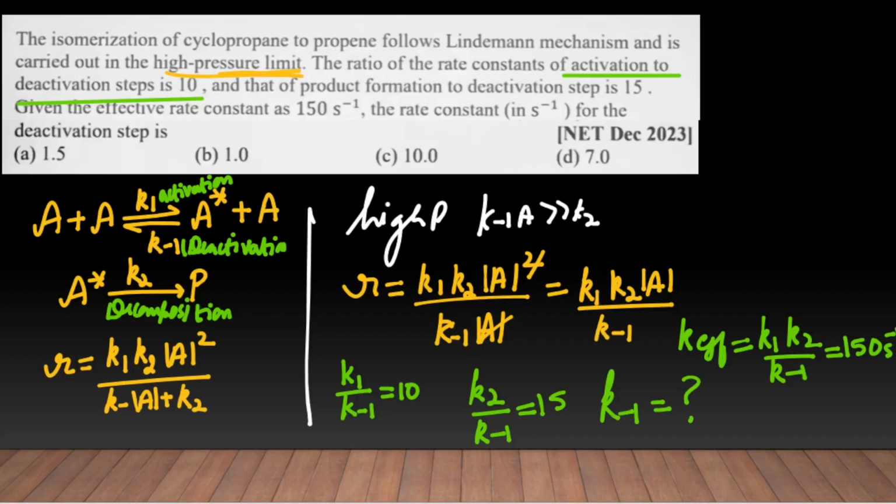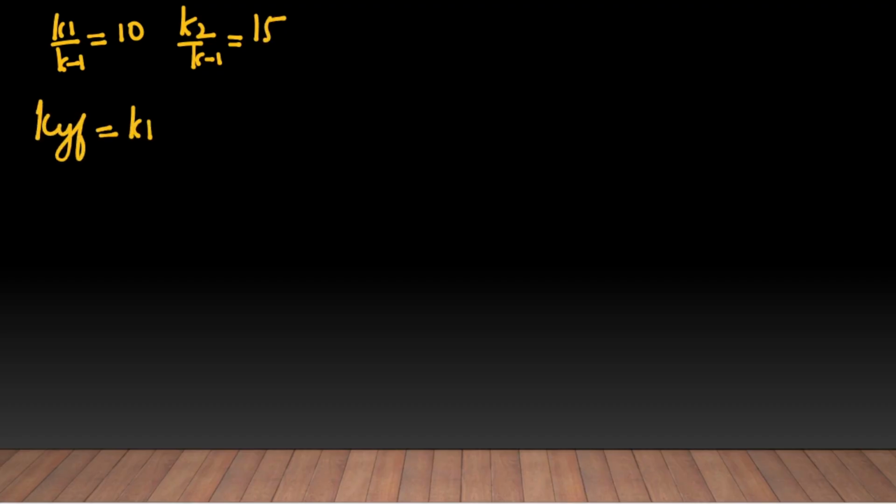So now the K1 by K inverse ratio and K2 by K inverse ratio are given to us, and we will make use of them to find the value of K inverse. K1 upon K inverse was 10, and K2 upon K inverse was 15. The overall effective rate constant K1 into K2 upon K inverse is equal to 150 second inverse.